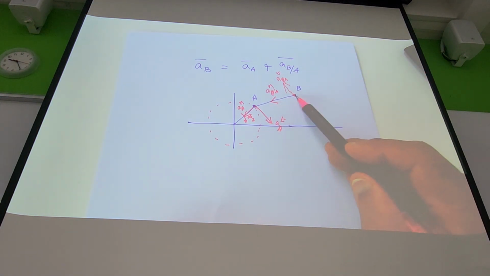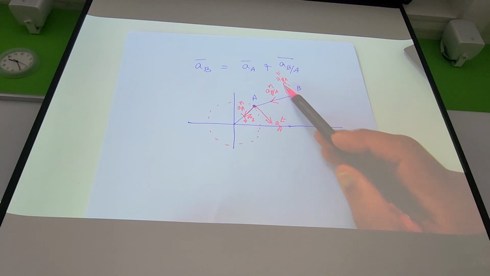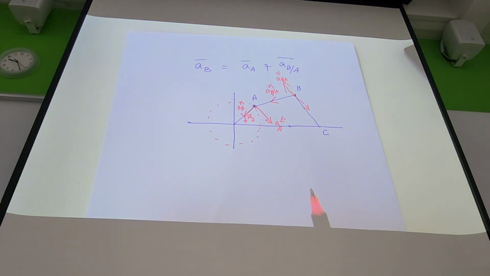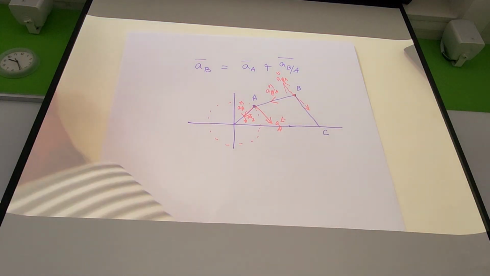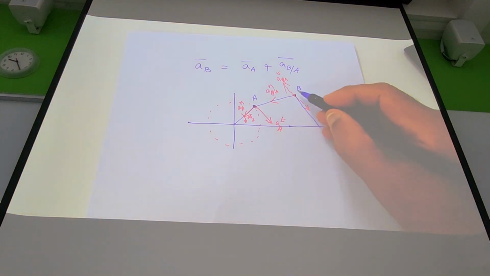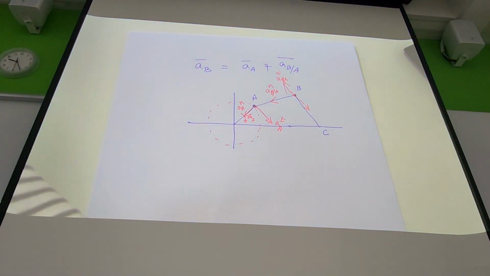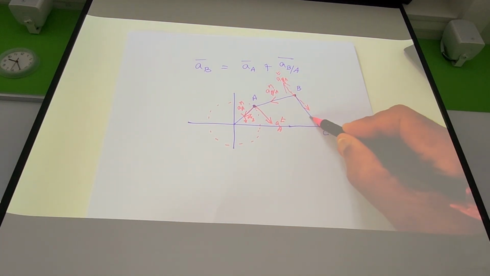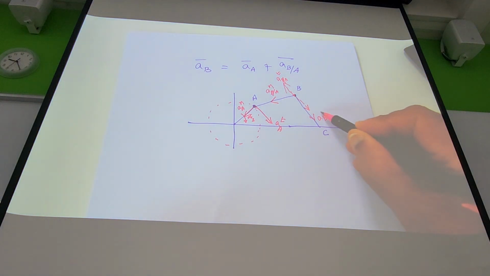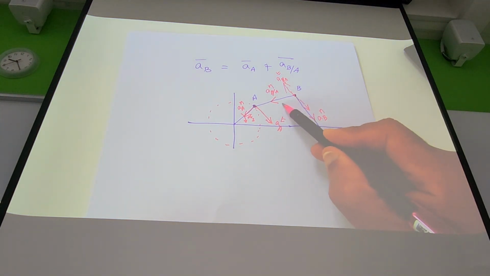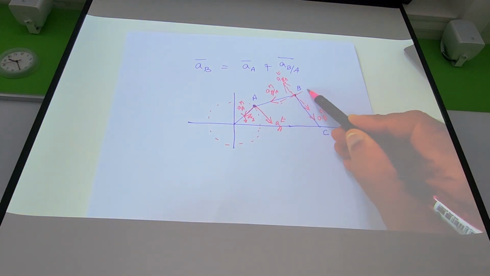BA normal and BA tangent will be perpendicular. Now acceleration of B normal will be in this direction, the direction of link 4. Then acceleration of B tangent will be perpendicular to link 4.